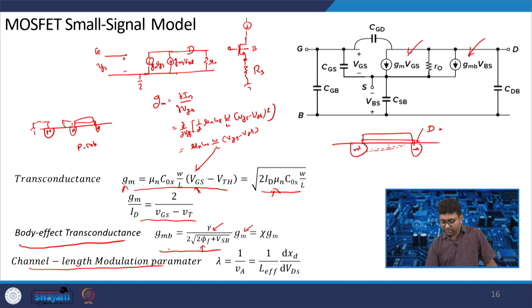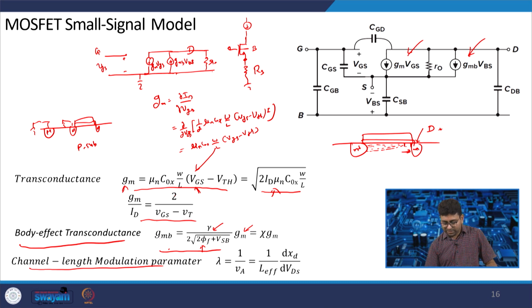There are more electrons on the source side compared to the drain side, and there is a small barrier, but because of the high electric field, the electrons will move from source to drain. So, this channel will be formed.